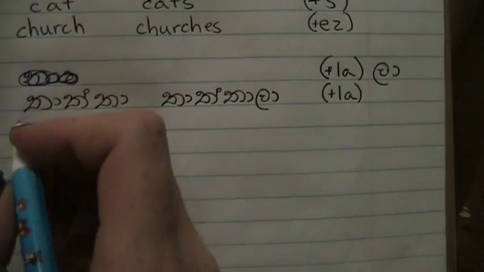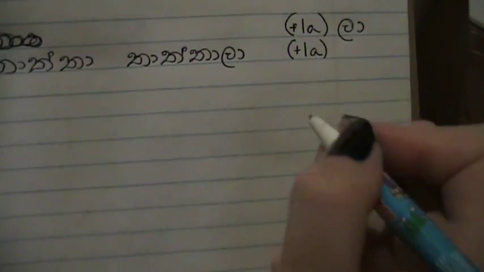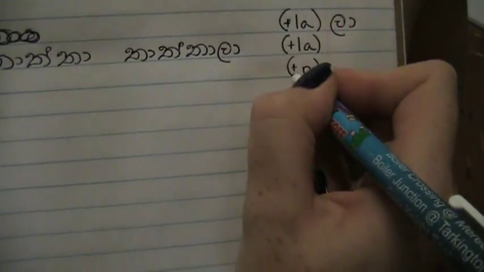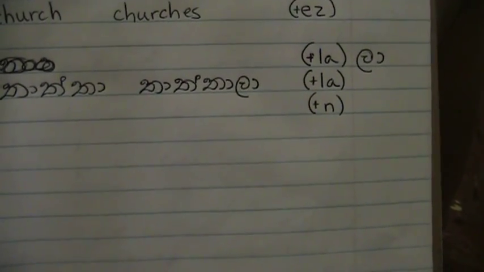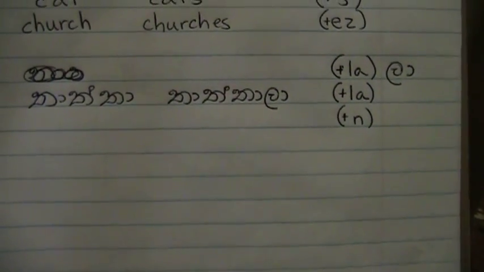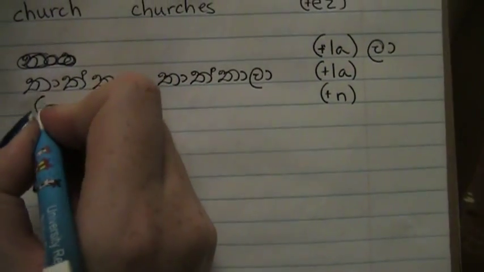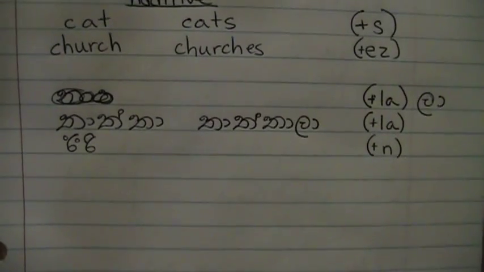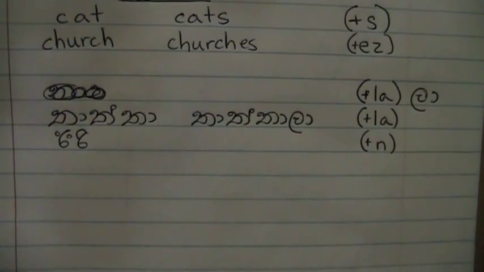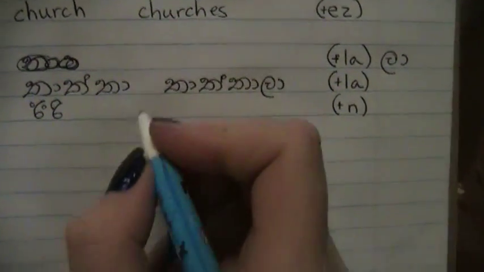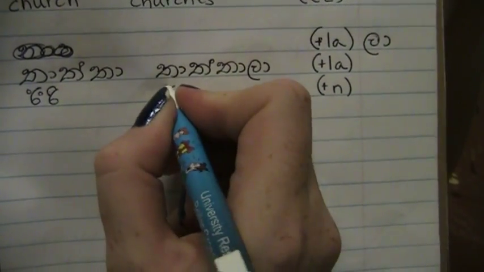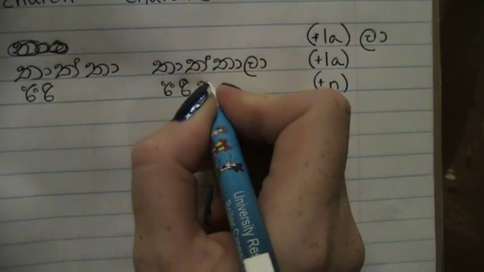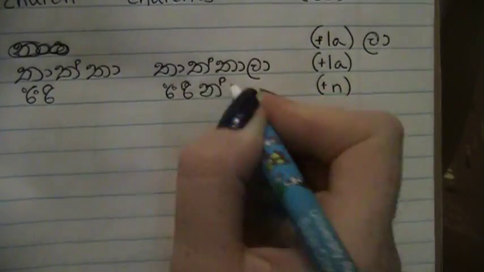The second one, you add an in to the end, but you also lengthen the vowel directly before the end. So iri would then become irin.